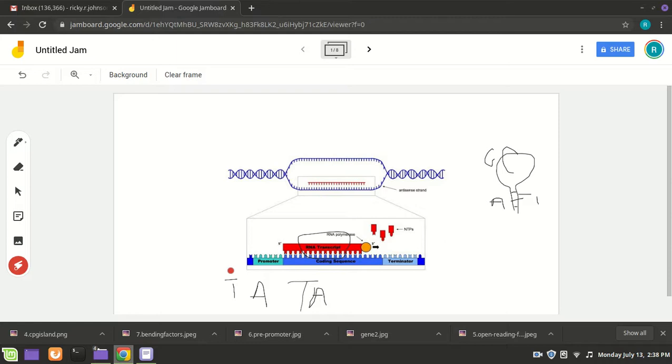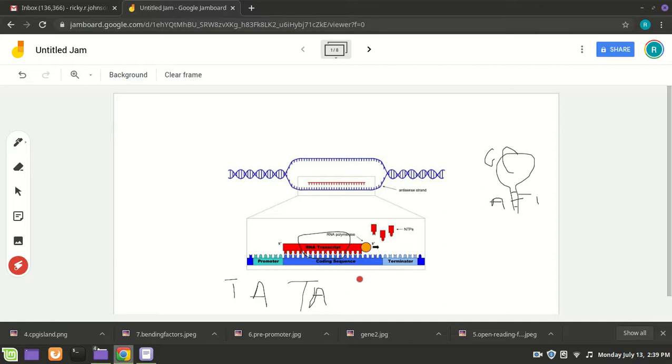So this piece kind of bonds with this piece, and make sure you go watch that video before you move on if you don't remember about the terminator. But the whole idea is this causes our polymerase to fall off. So it attaches here and moves across, and when it hits this region, it falls off the DNA. And when it does, you have completed your RNA transcript.